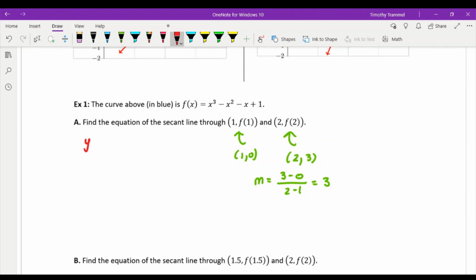So let's do y minus y1, where y1 is 0, is equal to m, our slope, times x minus x1. And x1 would be this point. Now do note, I didn't have to use this (1, 0), I could have used the (2, 3), and we'd still end up with the same answer once we solve for y. And so let's just go ahead and distribute the 3 and then we'll be done.